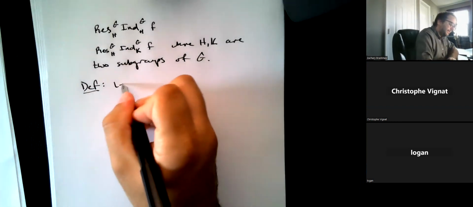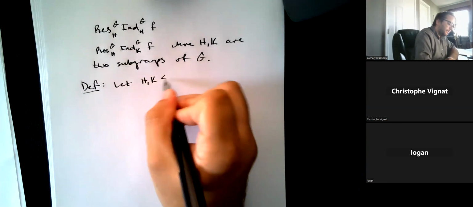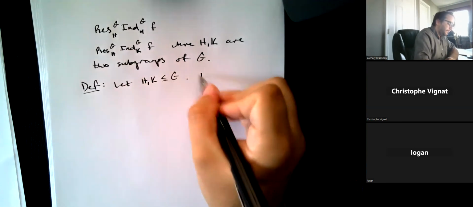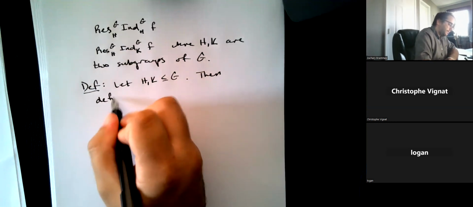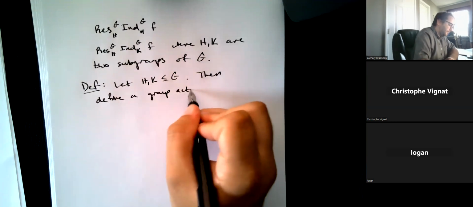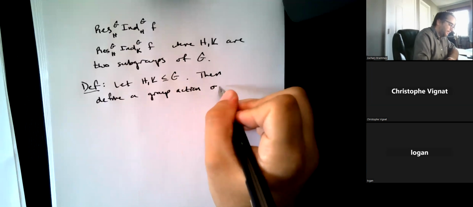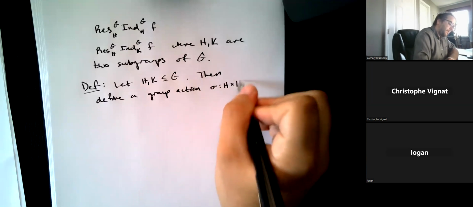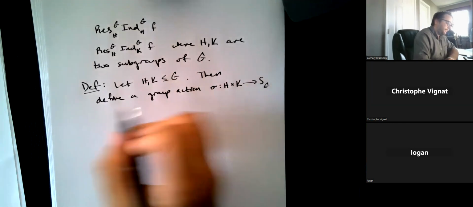So let H and K be subgroups of G. Then I need to define a group action. Let's call it sigma from the product of H with K to S_G.